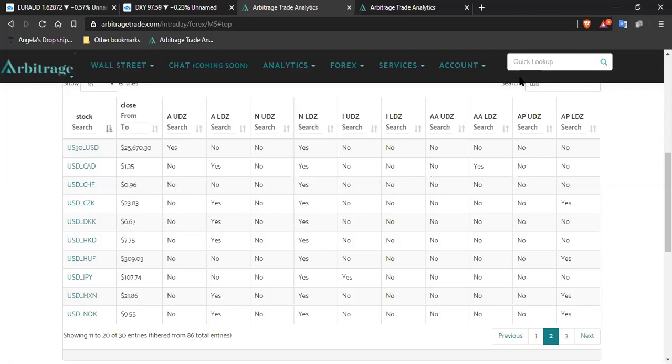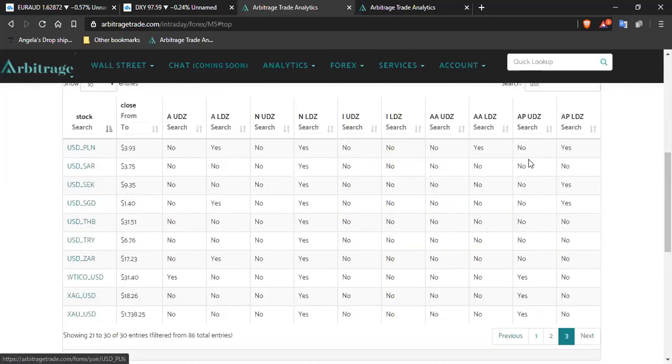USD CZK, and that's at the lower danger zone on the 5 minute time frame. Again, this is another pair that I don't have, USD HUF. I'm just going to look at one of those pairs that I've never seen or traded. USD NOK is another one at the lower danger zone, but again, I don't have that on my broker, so I'm not going to look for it. What else do we have?